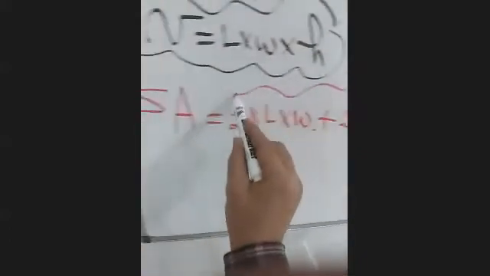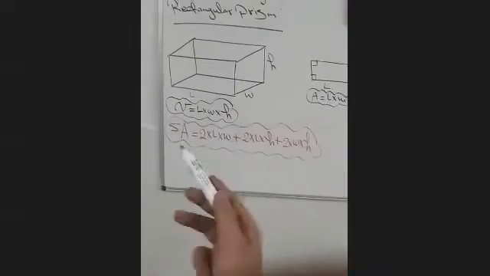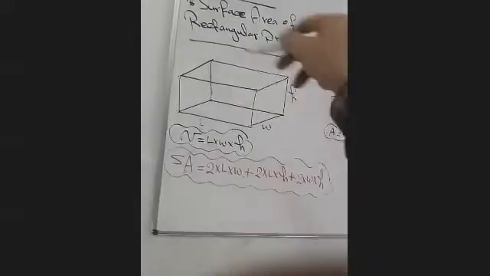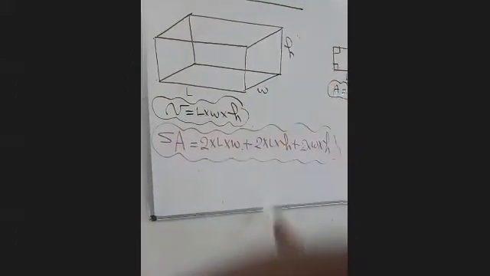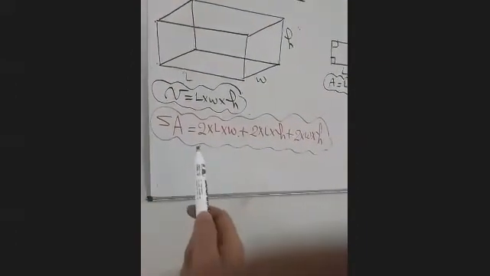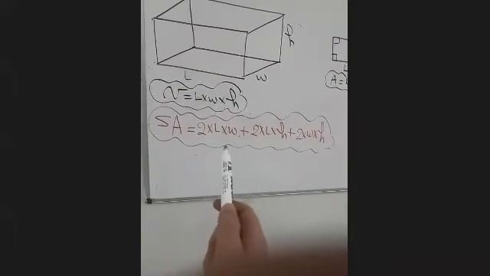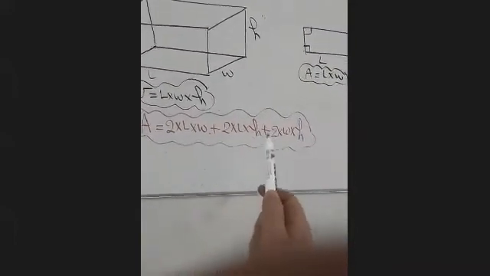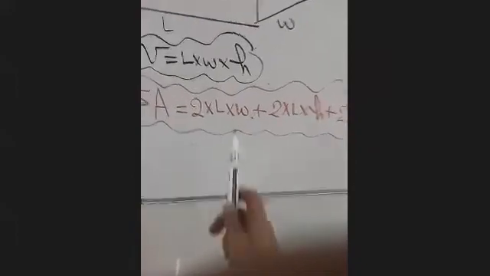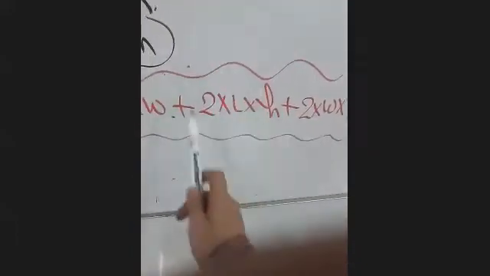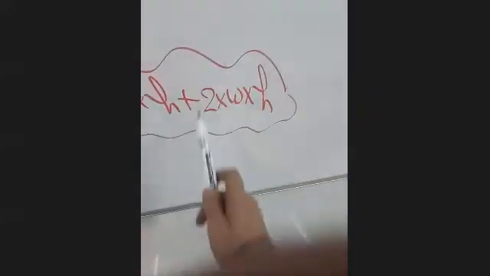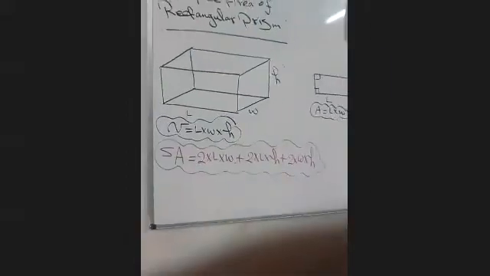This is the formula to find the surface area of the whole 6 faces of the rectangular prism if you know the length, the width and the height. The surface area equals 2 by length by width, 2 by length by height, 2 by width by height. Here 2 faces, here 2 faces, and here 2 faces. Together, we have the 6 faces.